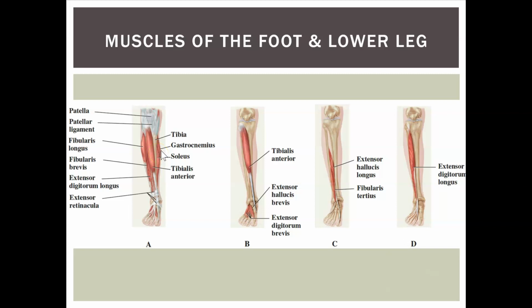You've got your soleus and the gastrocnemius, and then in number B, I guess, you have the tibialis anterior and the extensor hallucis brevis and longus. And each of those on the anterior portion of the lower leg are going to be responsible for dorsiflexion, so bringing that toe up.